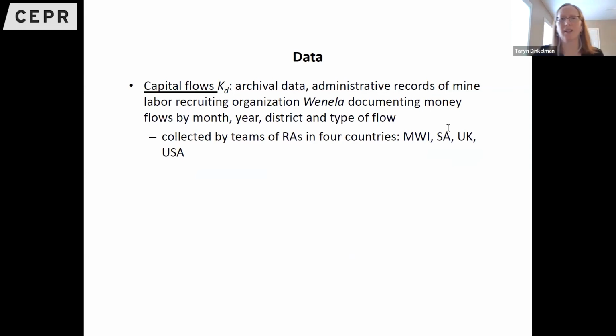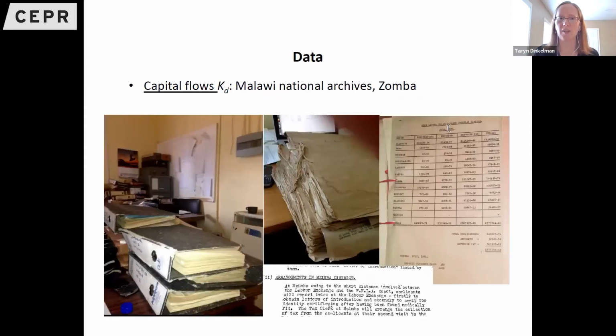So let me tell you a little bit about the data. As I said, we collected archival data on remittances. We've got administrative records of the recruiting organization documenting the money flows by month, year, district, and type of flow. We had bunches of RAs working in different countries. This was the archives in Zomba, which we were very, very happy to find, and then quickly digitized before the documents disintegrated.